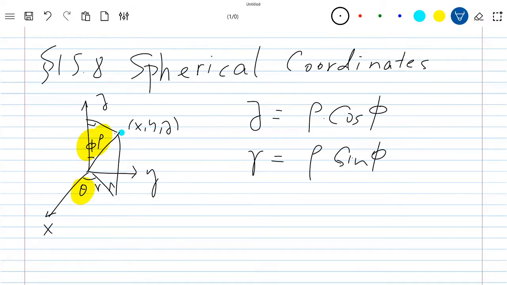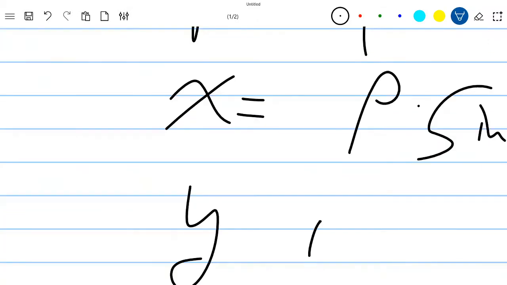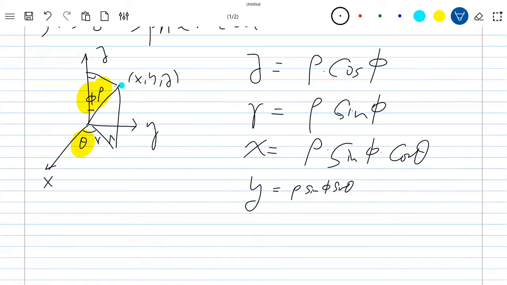And then because of the polar coordinates, x equals rho times sine phi times cosine theta, and y equals rho times sine phi times sine theta.